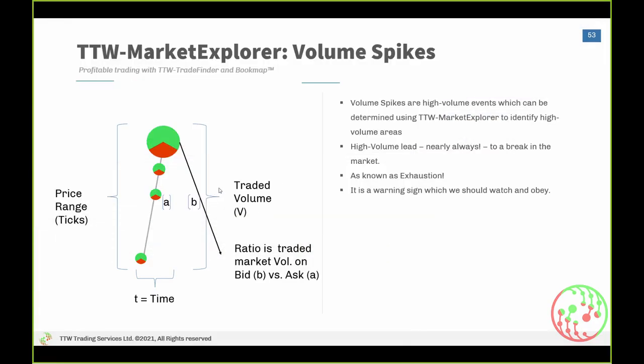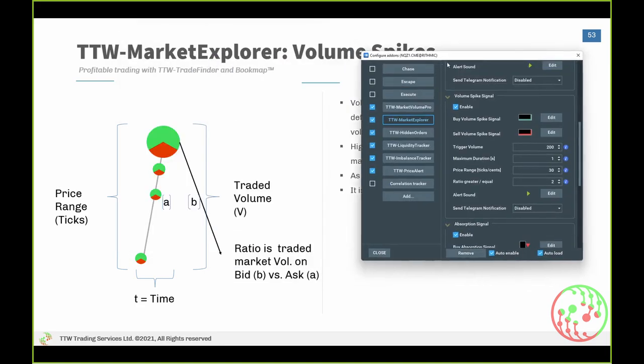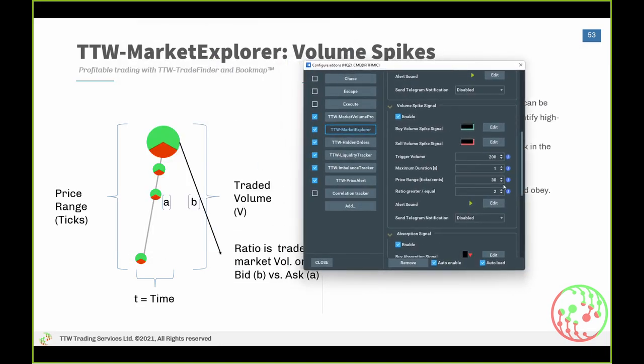And that's the idea of volume spikes, because the measures of volume spikes are volume, the time, and the price range. It depends on the instrument size. If it's a stock, then you should define 20, 30 cents or even 50 cents if you want to see the big ones.